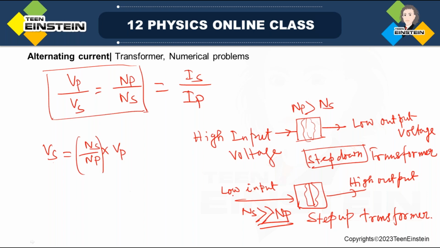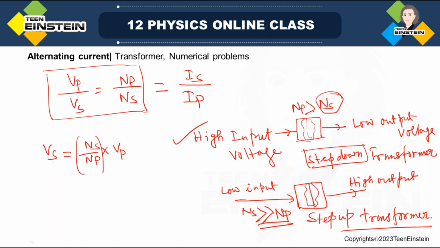So if we increase the number of turns in the secondary compared to the primary, we get a step up transformer. And if we want a step down transformer, we have to have fewer turns in the secondary compared to the primary.